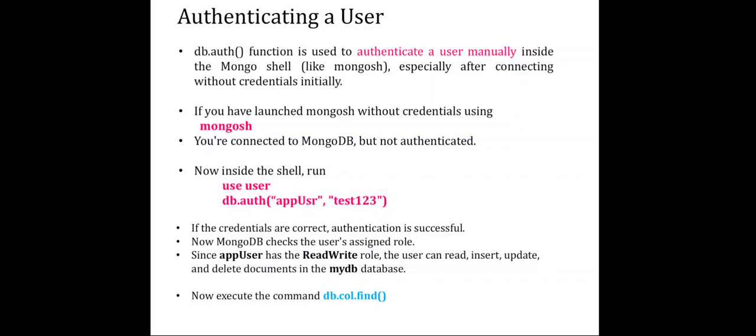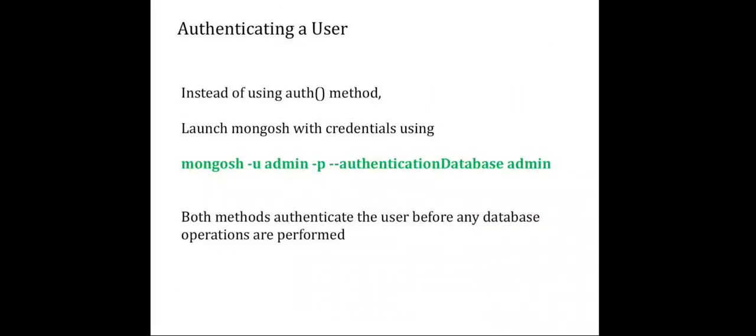After authentication, if we execute db.collection.find, the query will be executed successfully. Another way to authenticate is to provide the credentials while starting the shell: mongosh, space, username, space, -p password, and the authentication database. We can use both methods to authenticate the user before any database operations are performed.